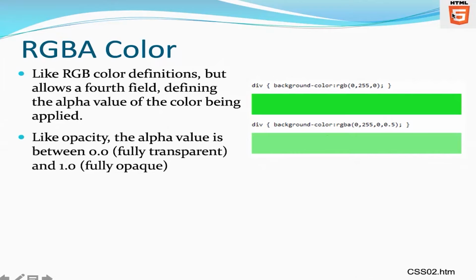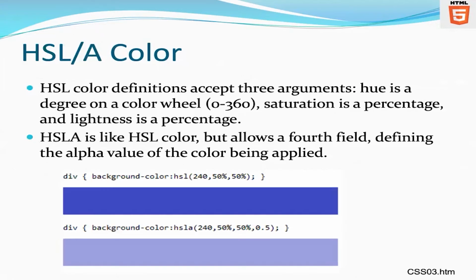And finally, a lot of people who fall into the category of designers would prefer using HSL. Just a question out of my curiosity. Have we used HSL in CSS? Any of us? No. Okay.